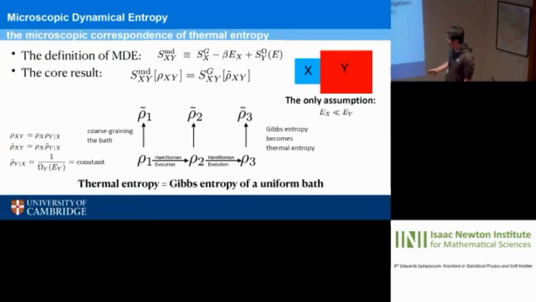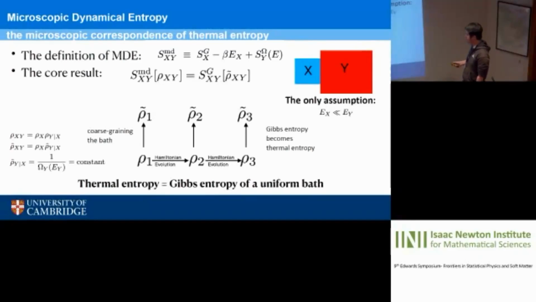We describe the internal state of the bath by this conditional probability, and if you replace this conditional probability with a uniform distribution, then the Gibbs entropy becomes MD. We don't change the dynamics. The dynamics are pure Hamiltonian.